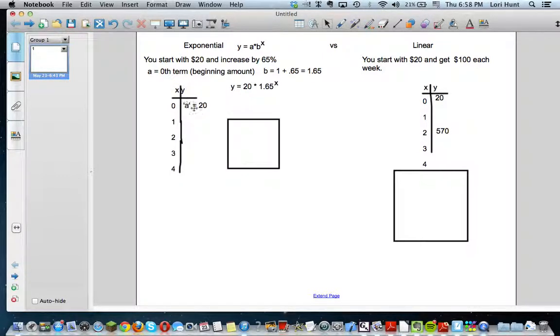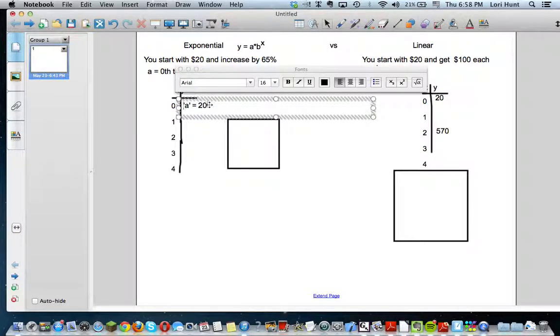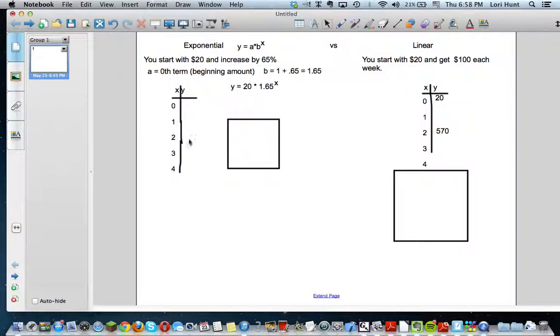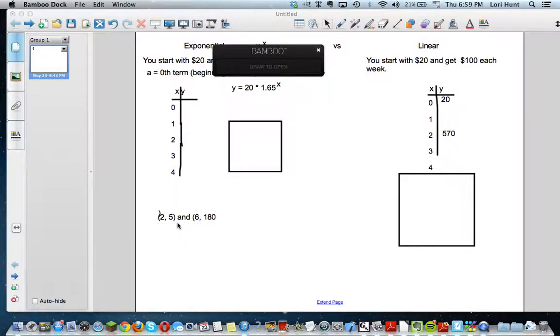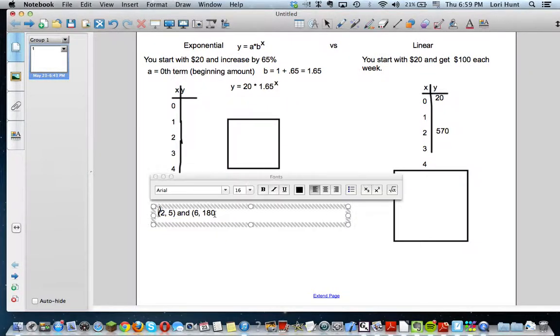Now, sometimes you don't have all of that information. You might not know what a is. You might not know what b is. So let's look at a table that would define an exponential equation. Let's say that for some reason you know that the points (2, 5) and (6, 180) are on the graph of the exponential equation that you're looking for.